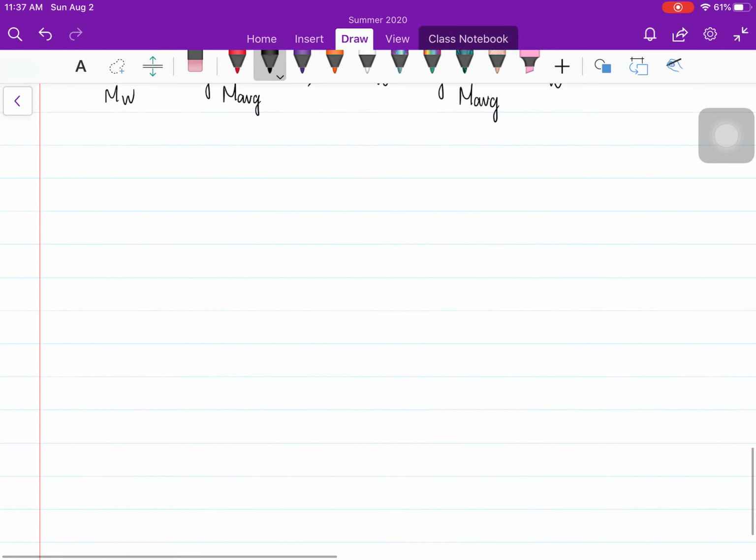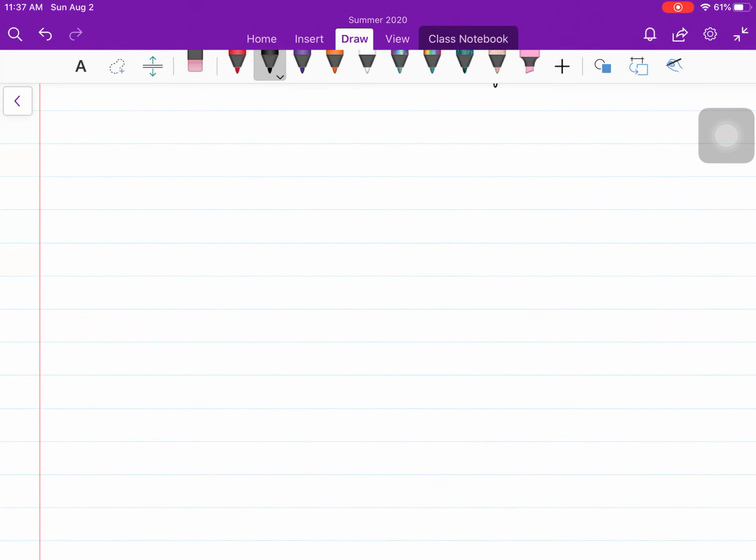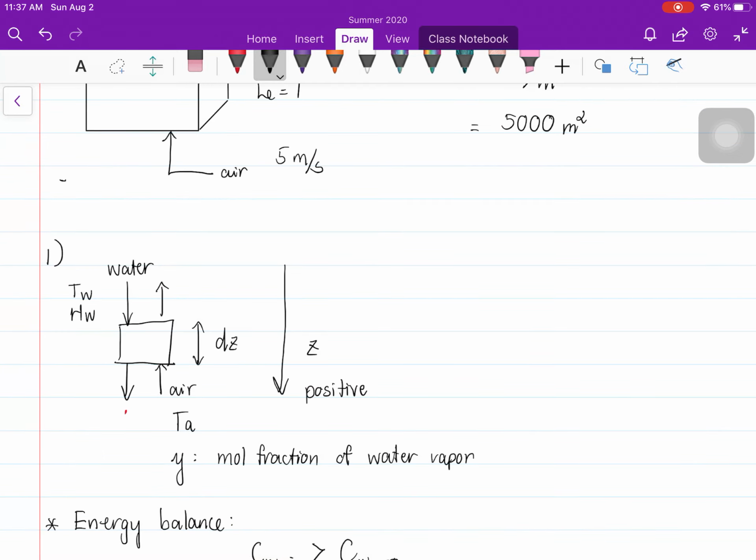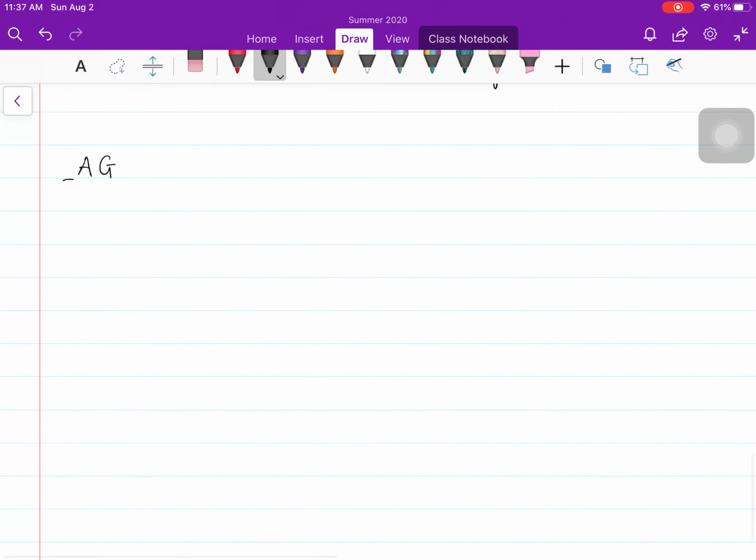And then I would have the area times total mass flow rate divided by average molecular weight times dy, which is change in mole fraction of water, equal to area of contact per volume, A, times volume times Kc times difference in concentration of water at the interface minus the concentration of water at infinity.